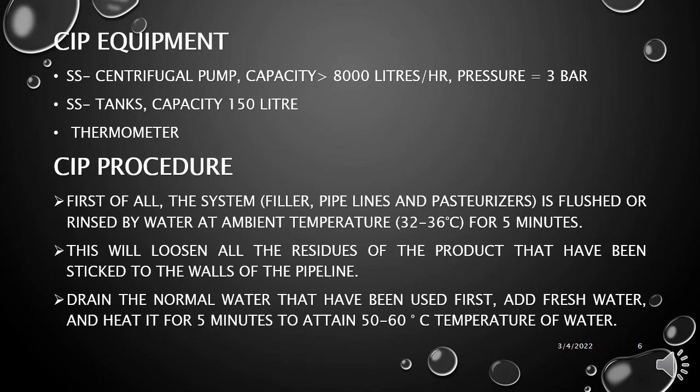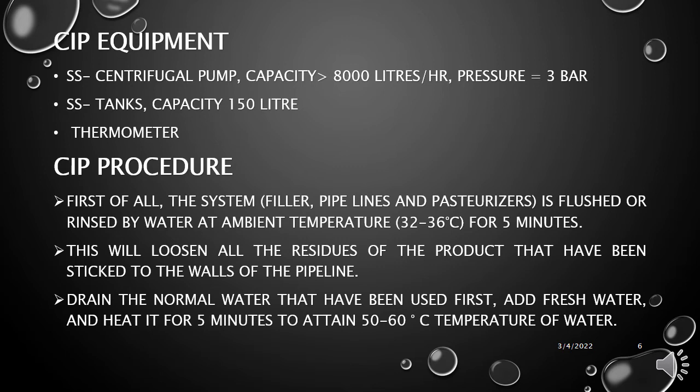So now let's move to the CIP procedure or CIP process. First of all, the system, like the filler, pipelines, and pasteurizer, which we have to clean, is flushed or rinsed with simple water at 32 to 36 degrees Celsius for 5 minutes. This is usually done in order to loosen the residues of the product that have stuck to the walls of the pipeline.